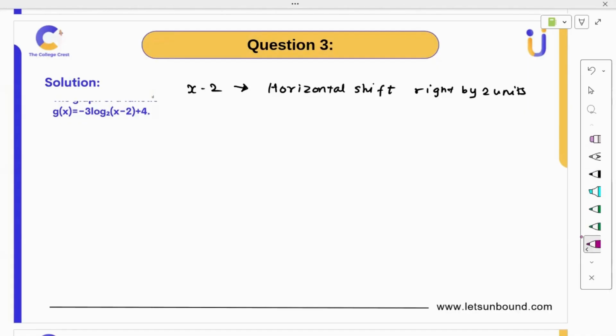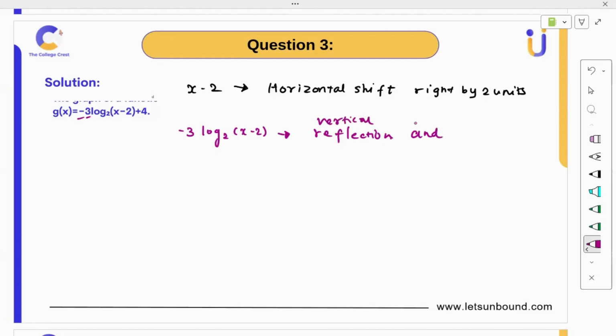Next, multiplying by negative 3. So this negative 3 log 2 of x minus 2. After this, what do we have? Reflection over what axis? Maybe stretch and reflection. So vertical reflection and there is a stretch.